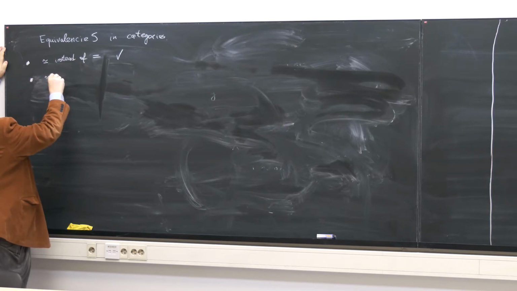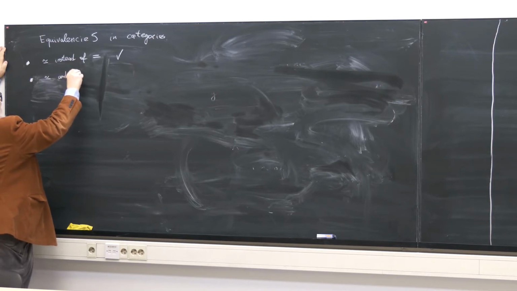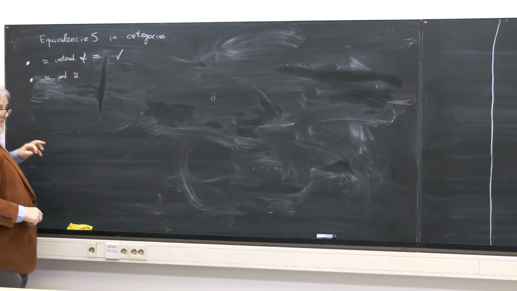So the difference between being just isomorphic and canonically isomorphic.